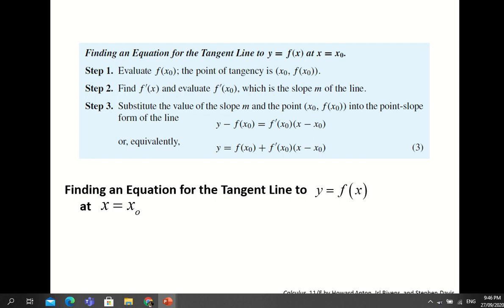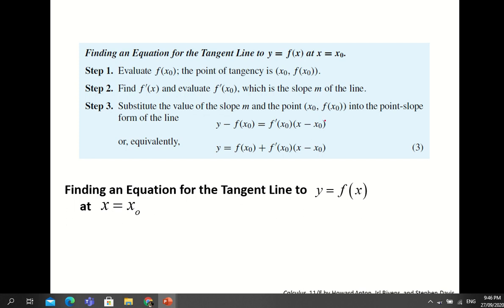Then after that, you substitute the value of the slope m and the point with the coordinates x sub 0 and f of x sub 0 into the point-slope form. Our point-slope form is given by this equation: y minus f of x sub 0 equal to f prime of x sub 0 times x minus x sub 0.